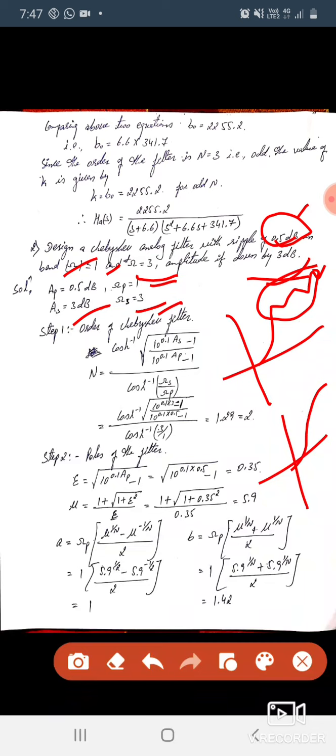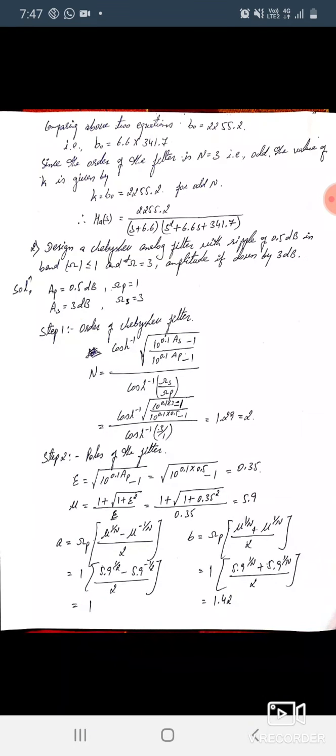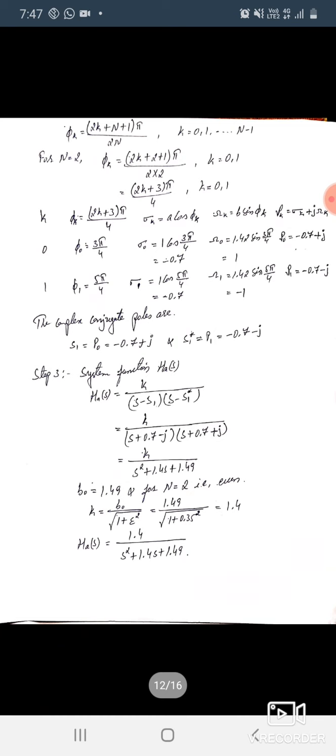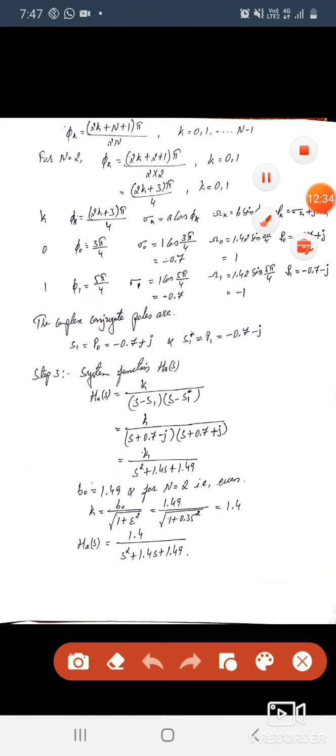And again go for the order, then also the poles. Methods are same, equations are same, nothing is going to change. Okay, next calculate for k values 0, 1, because n is going to be taken as even.